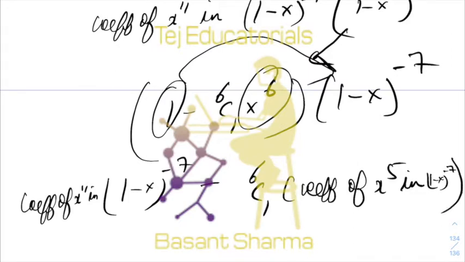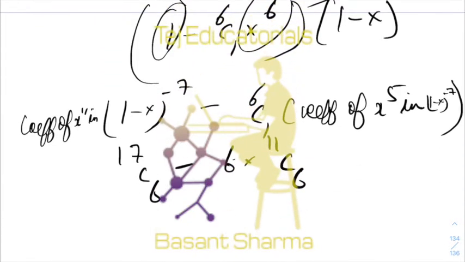So this is nothing but 17c6 minus 6 into 11c6, or 11c5, same thing.